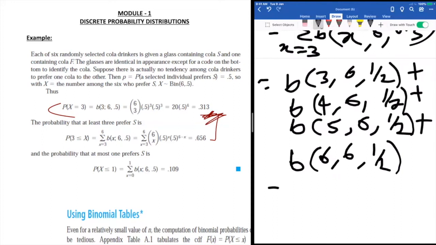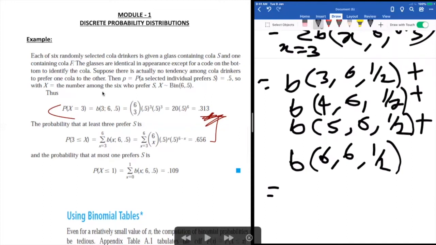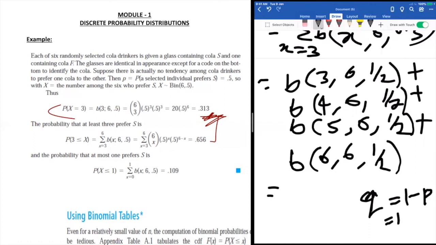Using nCx p raised to x q raised to n minus x, here p is equal to 1 by 2, q equal to 1 minus p, which is 1 minus 1 by 2 equal to 1 by 2.